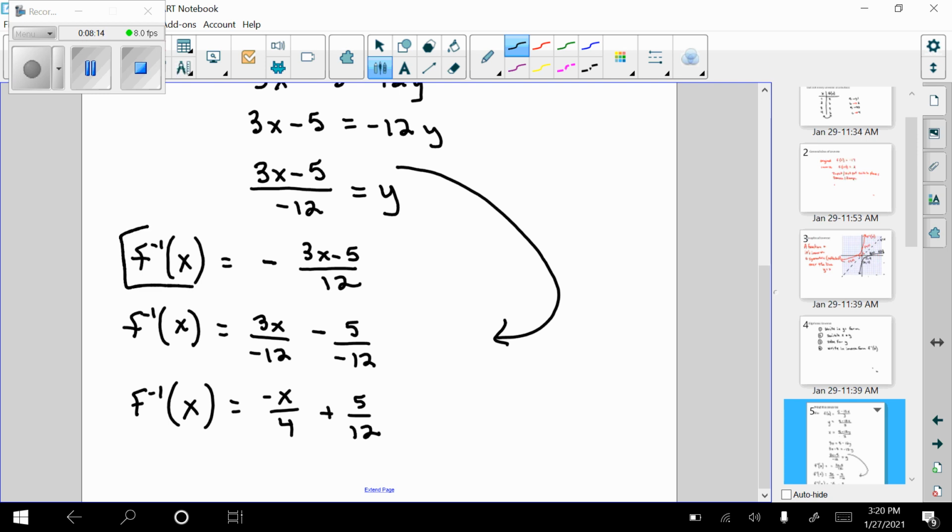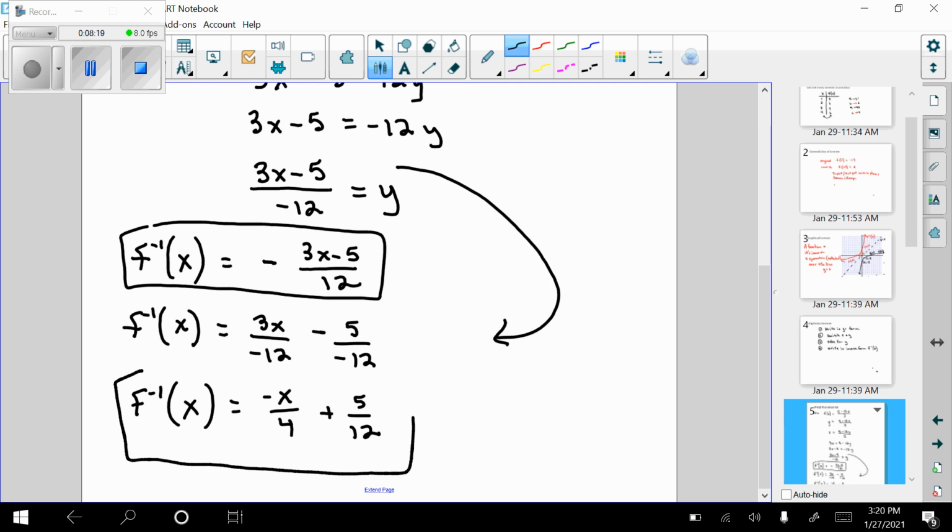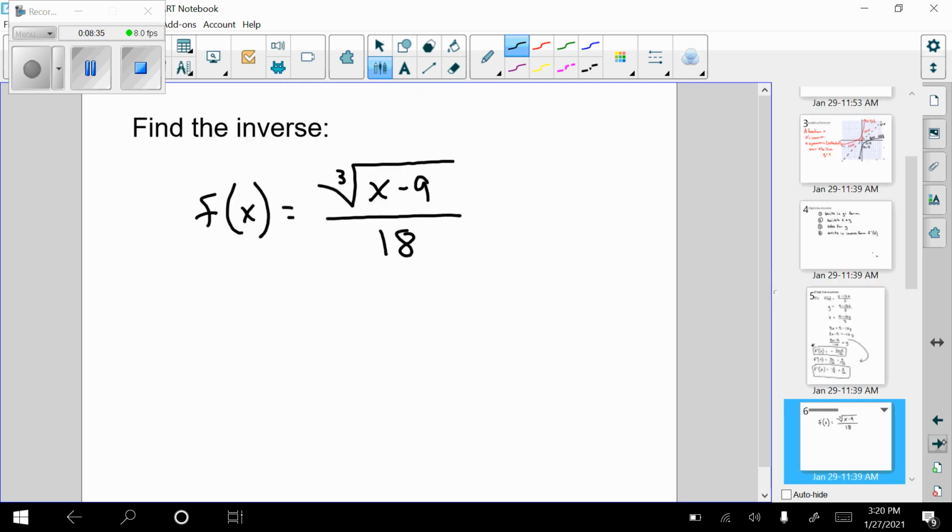So either one of these would be acceptable. Probably this is your best bet. That way you don't mess up on separating that with your positives and negatives. All right, so that was a basic linear one. We started off linear and we ended up with linear.